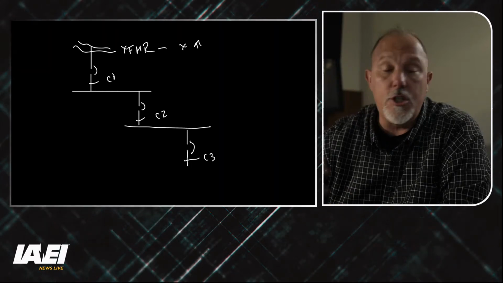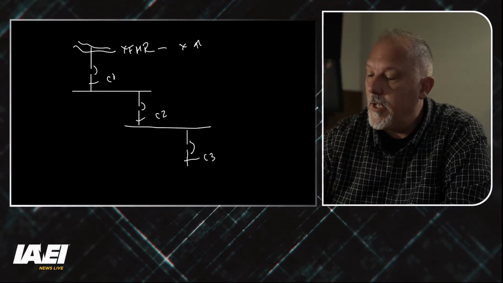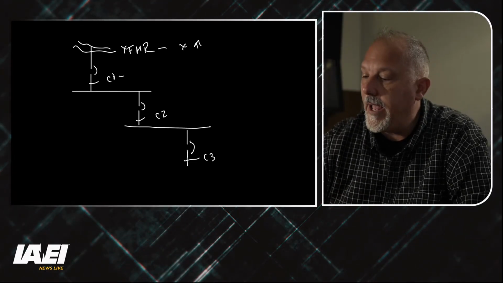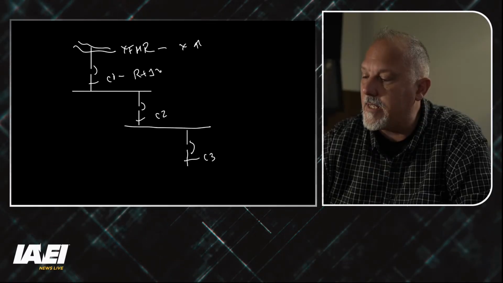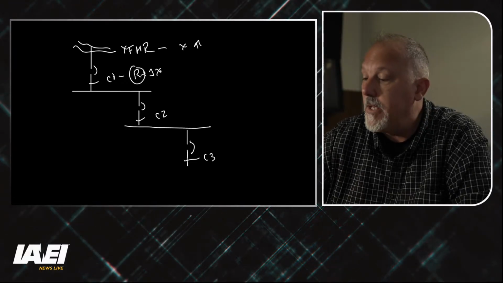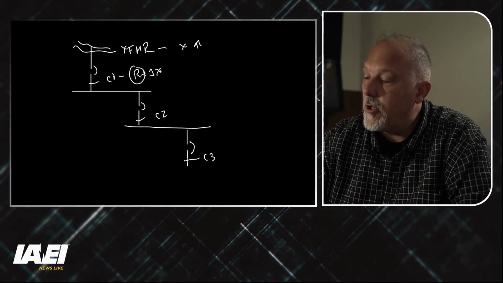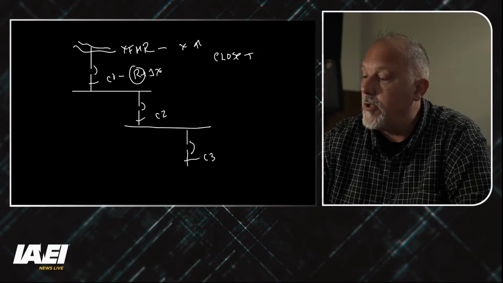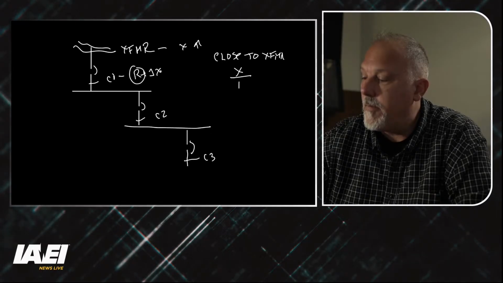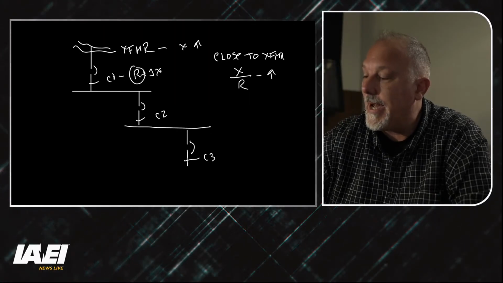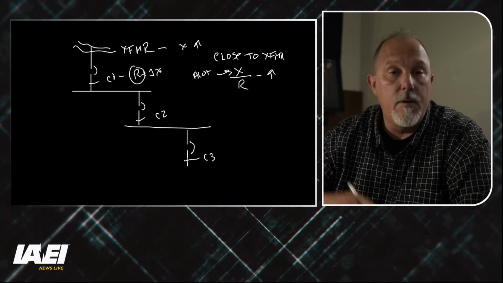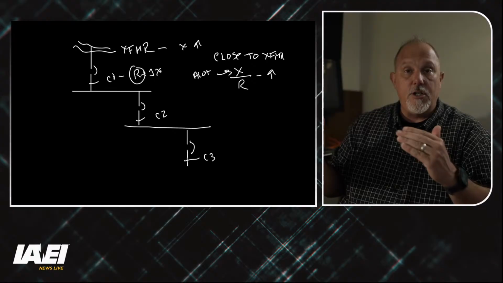Transformers have a huge X, high X. For conductors, if you look at the table, you have an R plus a jX, and the R is not insignificant. So when I get close to the transformer, my X to R ratio will be high because a lot of X is there in relationship.